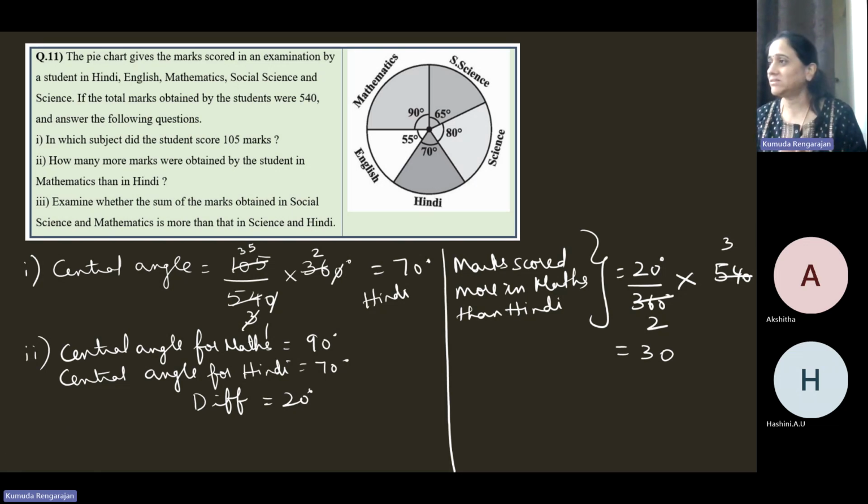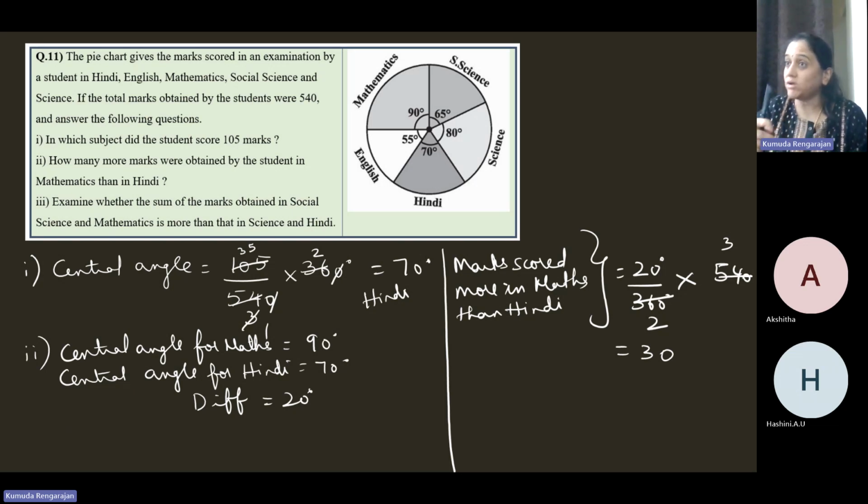So what is the question? How much more has the student scored in maths than in Hindi? So we'll compare the central angles. Central angle for maths is 90 degrees. Central angle for Hindi is 70 degrees.